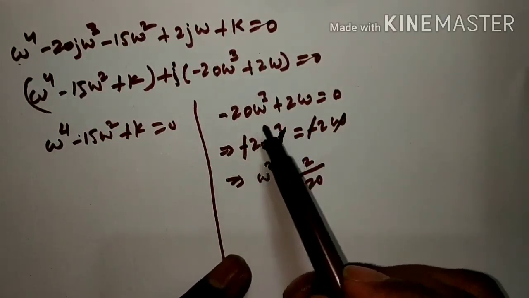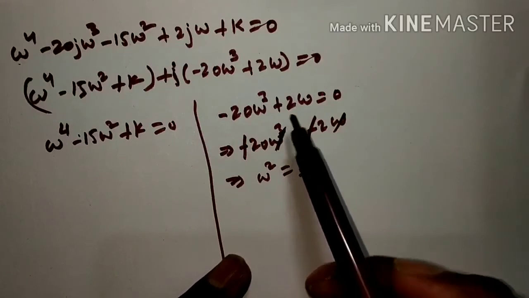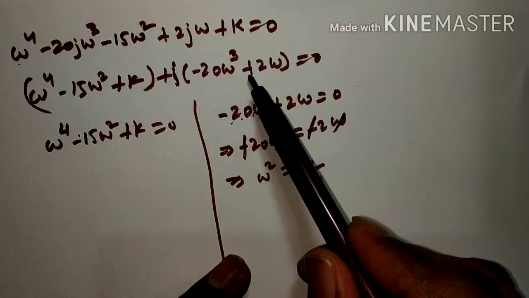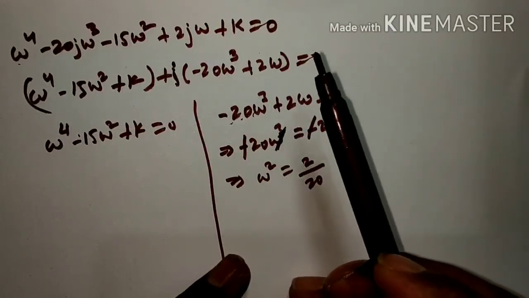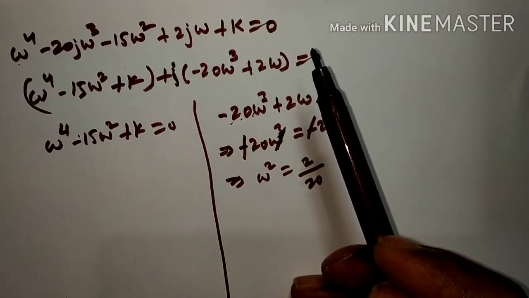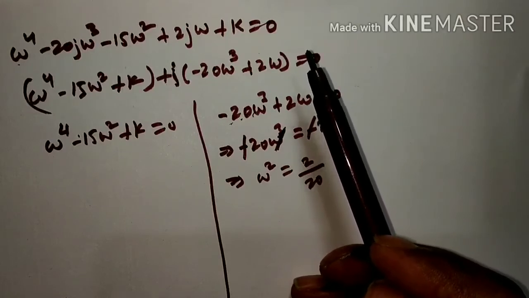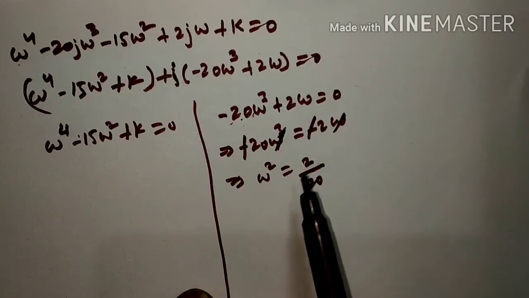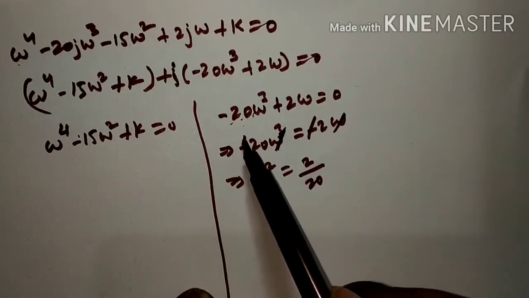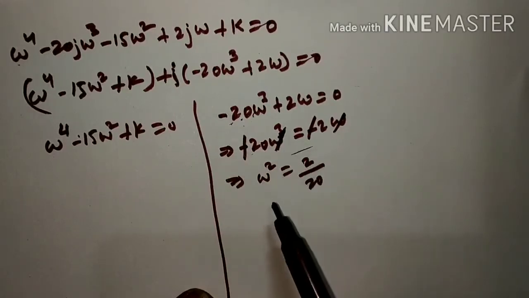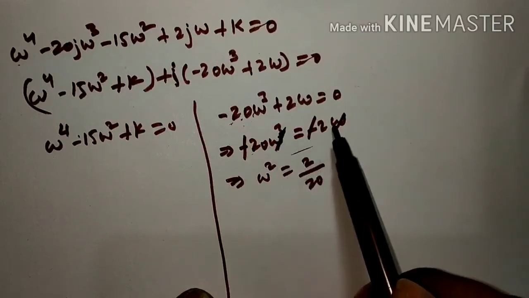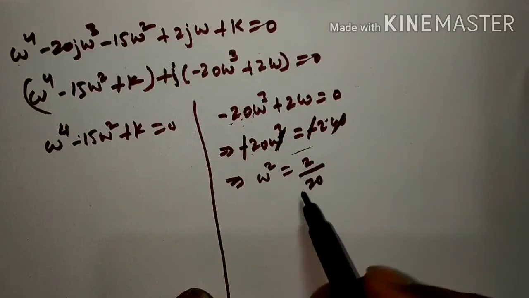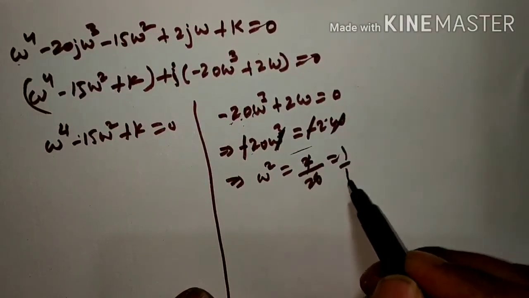I checked the characteristic equation, so that's fine. Minus 20 omega^3 plus 2 omega equal to 0, again the minus signs cancel, one omega cancels, and 2 by 20 gives 1 by 10.